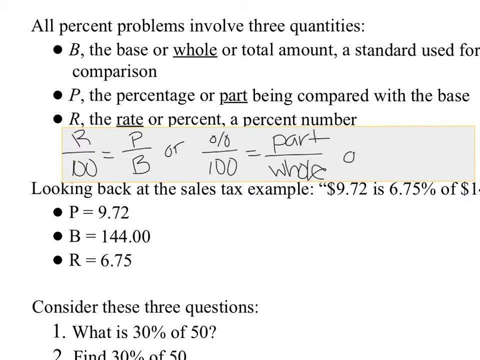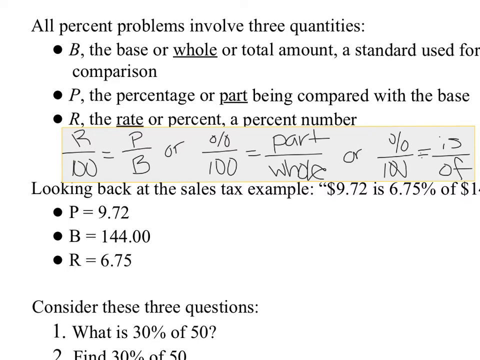You may have also seen this written as percent over 100 equals is over of. All of these mean the same thing. So your textbooks use this R, P, B. You may hear me call it part, whole, or is and of. All of those are interchangeable there.